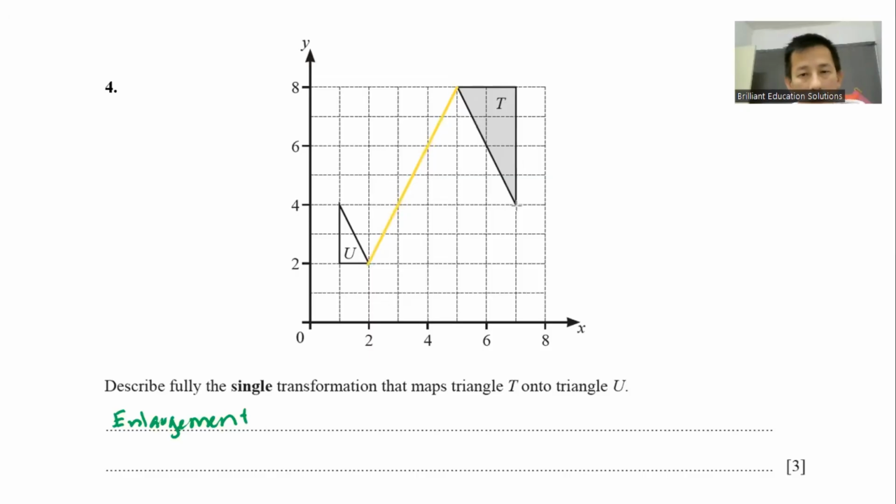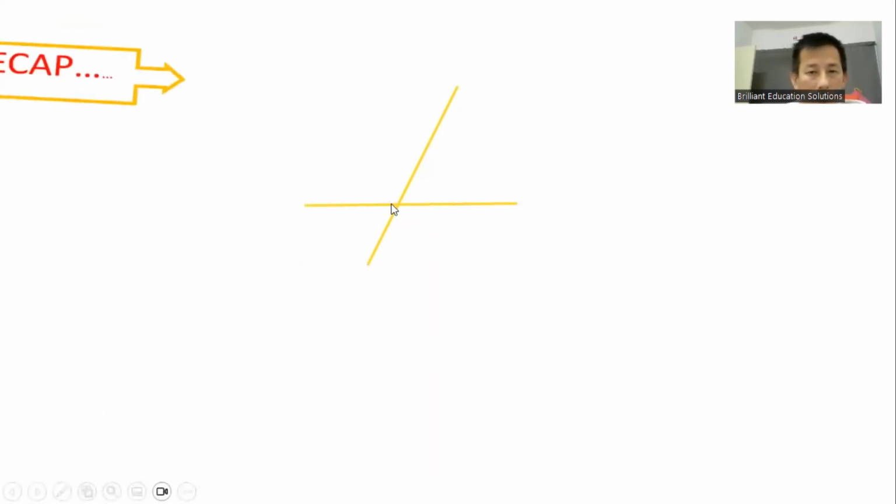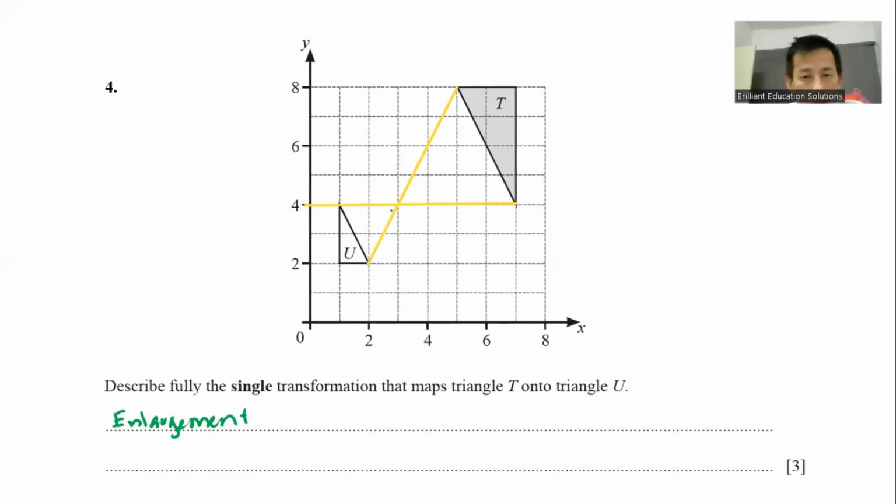Center will be here at 3, 4. Need to take note, this is the center.